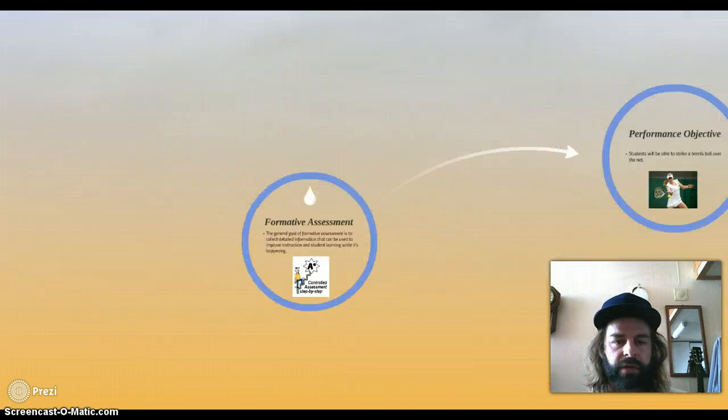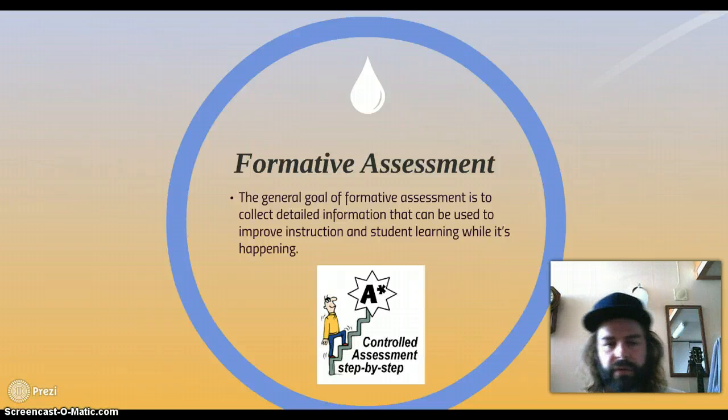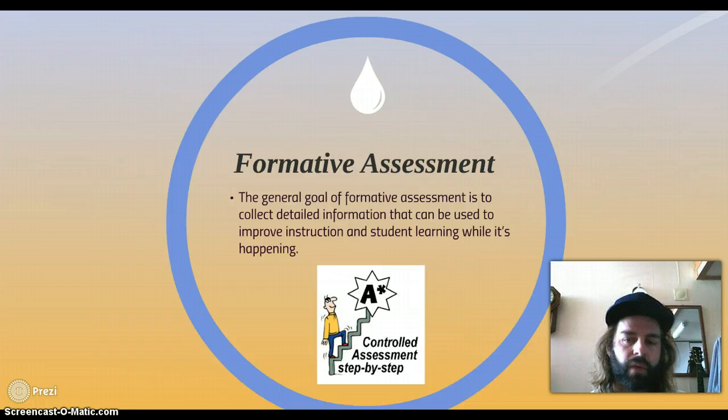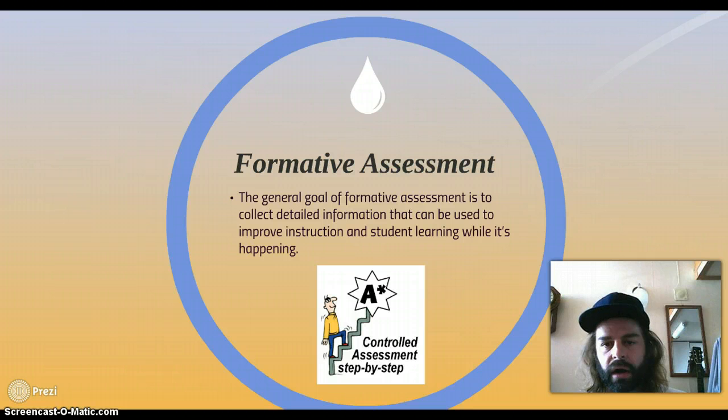The first thing I want to do is just give a brief description of what formative assessment is. Basically, the main idea of formative assessment is improving instruction while the students are learning. So it's being able to give feedback and instruction while the tasks and objectives are being completed by the students during the class.